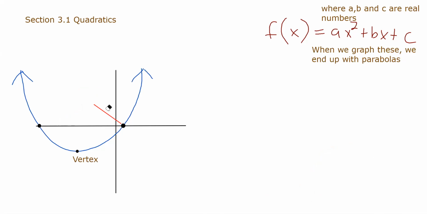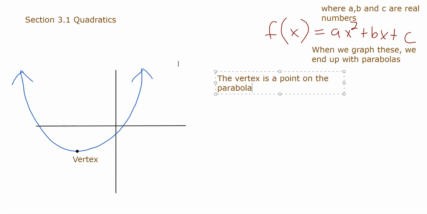Now, let's simplify our lives just a wee bit, and let's get back to talking about this vertex. The vertex is a point on the parabola. Good reasoning, that's exactly what it is. It's a point.